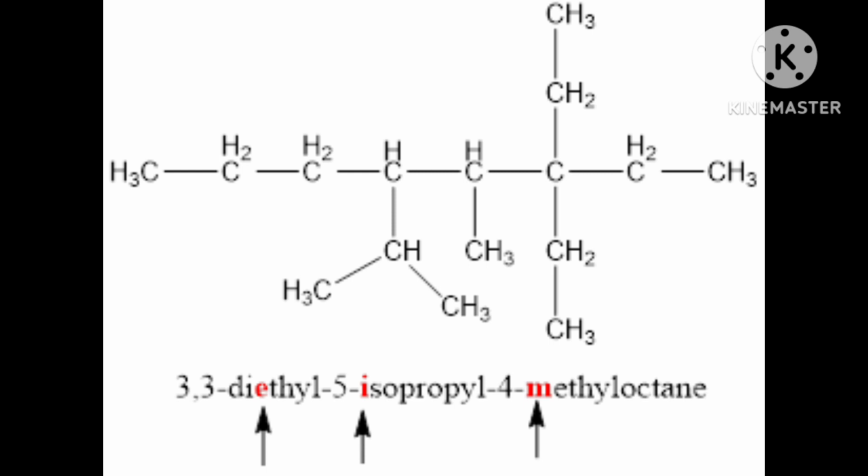You have seen first carbon OH attached, second carbon OH attached, third carbon OH attached. This time what will be the name? Pentane-3-ol. Now see, first, second, third you have used.